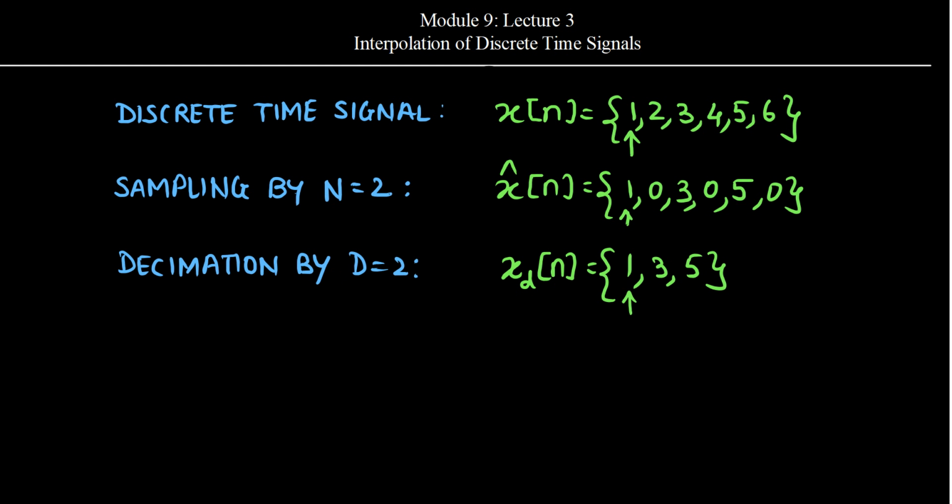So now in this lecture, let us consider the inverse process of this decimation, which is known as interpolation. So in this lecture, we are going to look at what is known as interpolation.